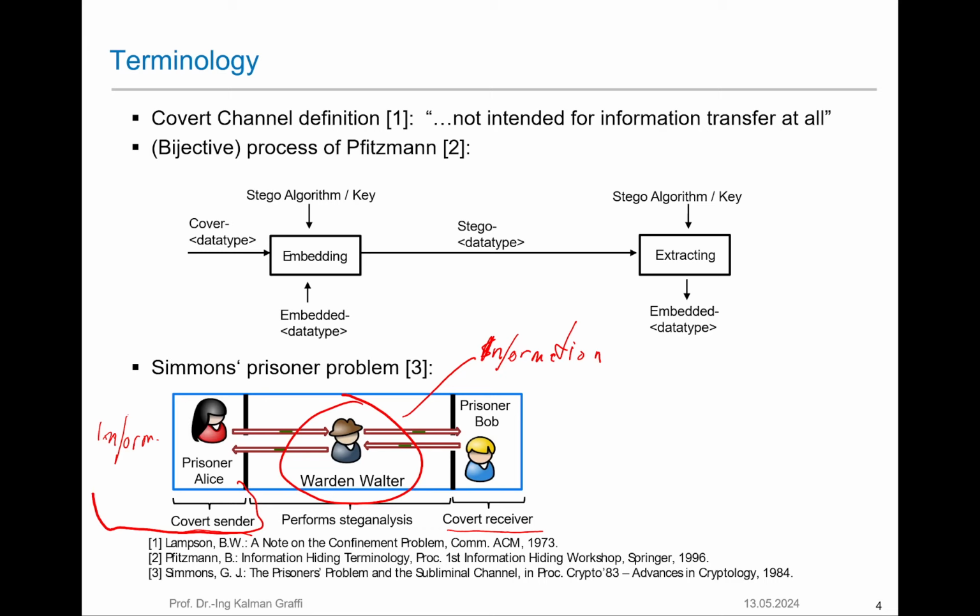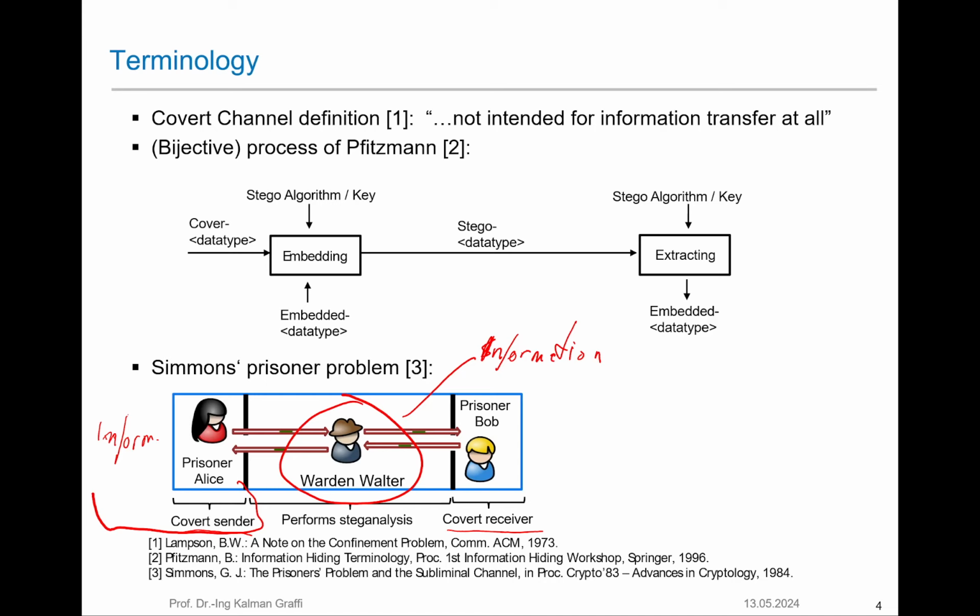So they know what information to look for, but they don't really know where to look. But everything should be visible and public. And the question is, how can Alice embed the information that she wants to transfer to Bob without the warden noticing?